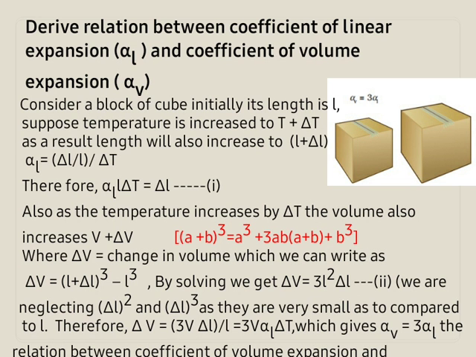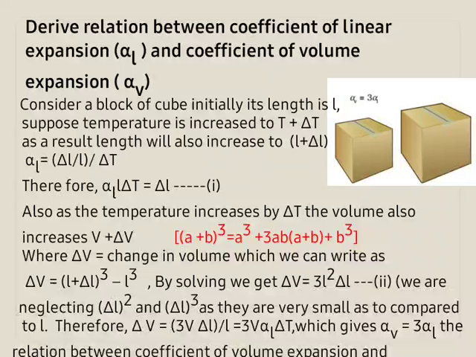Since (a plus b) the whole cube is equal to a cube plus 3a square b plus 3a b square plus b cube, by solving the expression for delta V, we get delta V is equal to 3L square into delta L. Here we have neglected delta L square and delta L cube as they are very small compared to L. Here we get the expression delta V is equal to 3L square delta L, which is the expression 2.